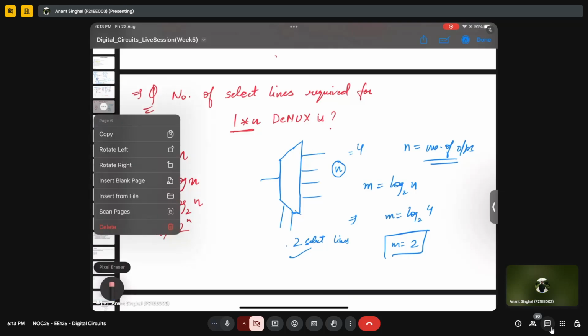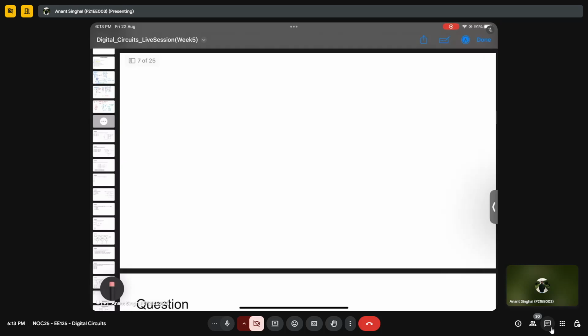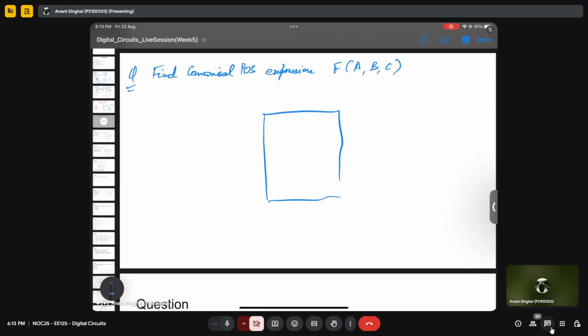Let's move ahead. Let's say this is the next problem. It says find the canonical POS expression. Let's say the function is A, B, C, and we have a 4 cross 1 mux which has B, C as select lines.